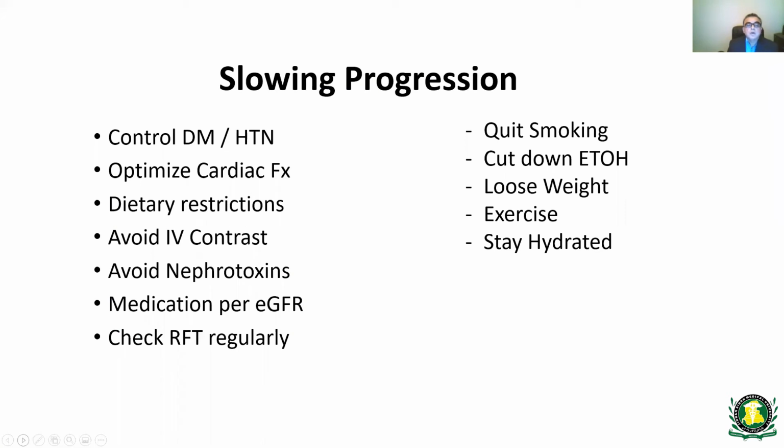So the main focus is how we can slow the progression of kidney disease. And that can be achieved by doing quite a few things. Number one is controlling the underlying cause for the kidney disease. As we said, diabetes is the most common cause.